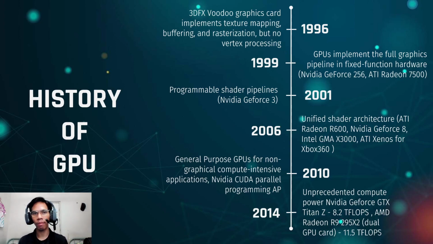It was upgraded again to unprecedented compute power, included in the NVIDIA GeForce GTX Titan Z with 8.2 TFLOPS and a Radeon R9 295X2 dual GPU card with 11.5 TFLOPS in 2014, and it has developed even more until now.